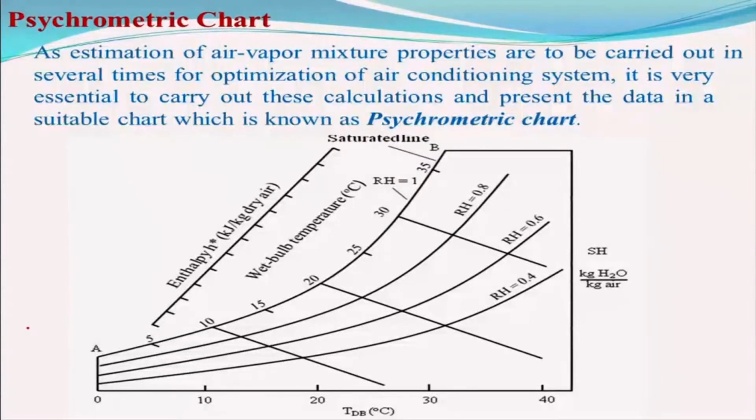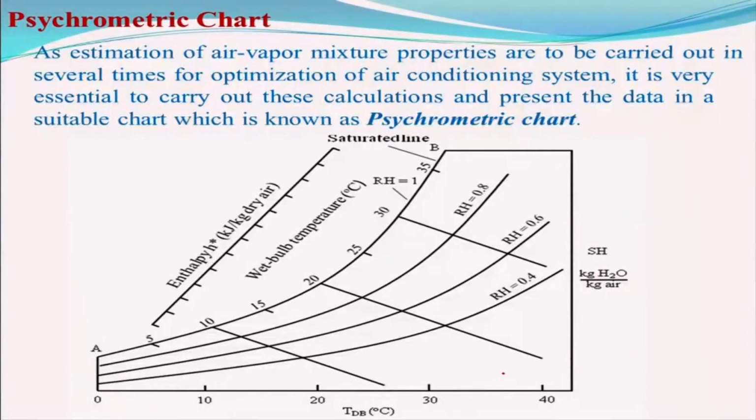If you look here, horizontally it is shown, that is TB, the dry bulb temperature: 0, 10 degrees Celsius, 20 degrees, 30 degrees, 40 degrees, right?